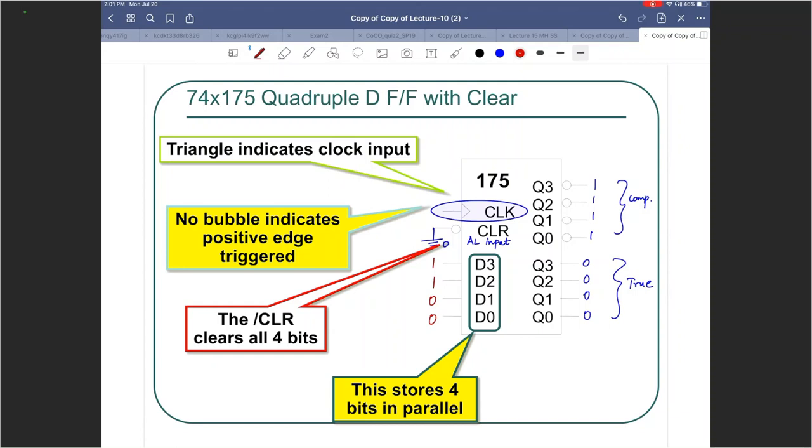Can you tell me what are the things that I still need in order to change the output? Will this change immediately? Will this become 1100 right away? Or do other things have to happen?